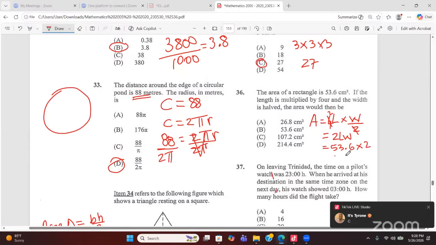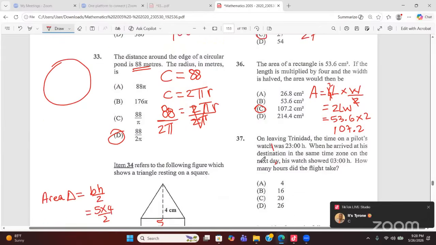You're going to get 107.2. This is just me trying to explain it to you, so you could see why it is 107.2, because when you multiply by 4 and by a half, you're actually just multiplying by 2 ultimately. All right. Very good.